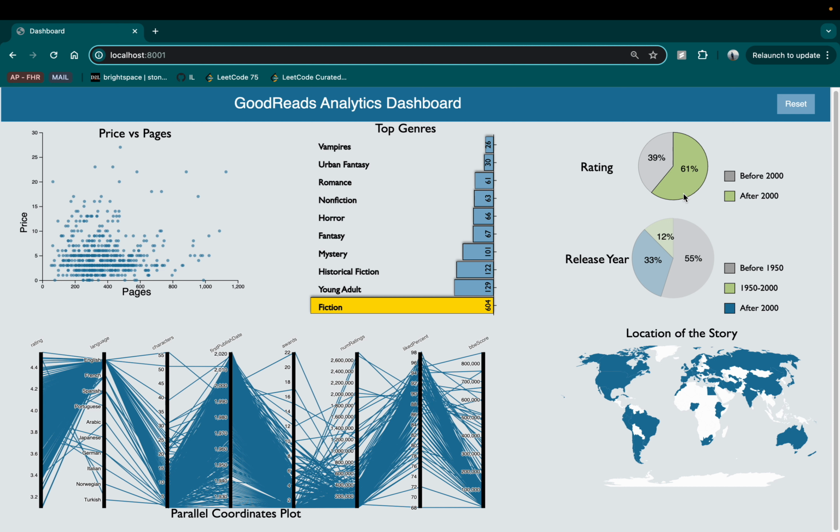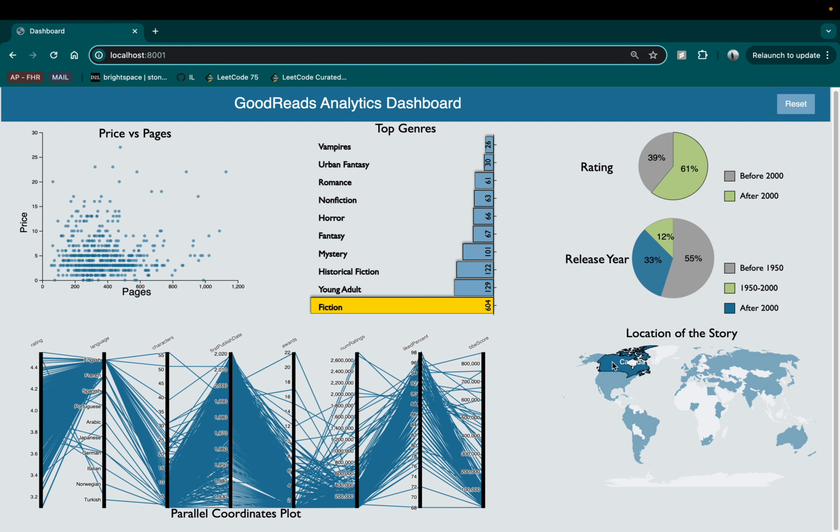Similarly, if we compare the ratings in that time period, after 2000 the ratings have been pretty good, which means the reported ratings of people, posted online or offline, via papers or any other medium, have significantly increased to 61% after 2000 compared to 39% before 2000.